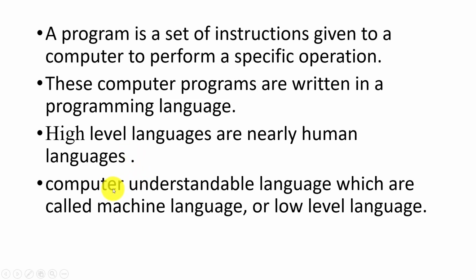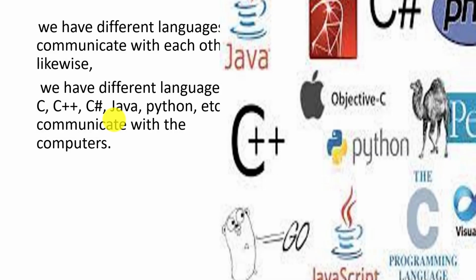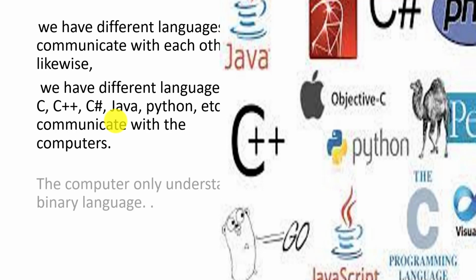But computer understands the language called machine language, because a computer is a digital system and it only understands machine language. We have different kinds of languages like C, C++, Java, Python to communicate with the computer. All these languages come under high level languages, but C is considered a middle level language.